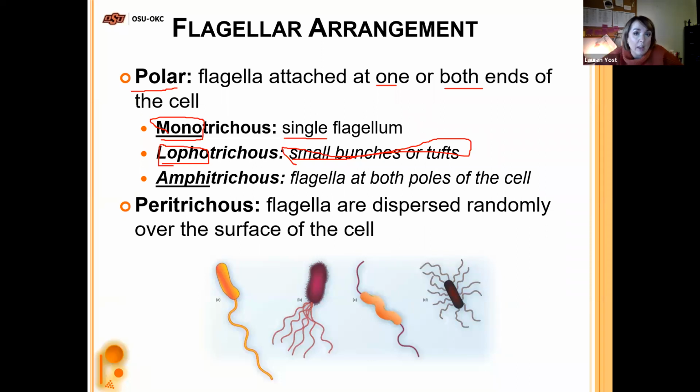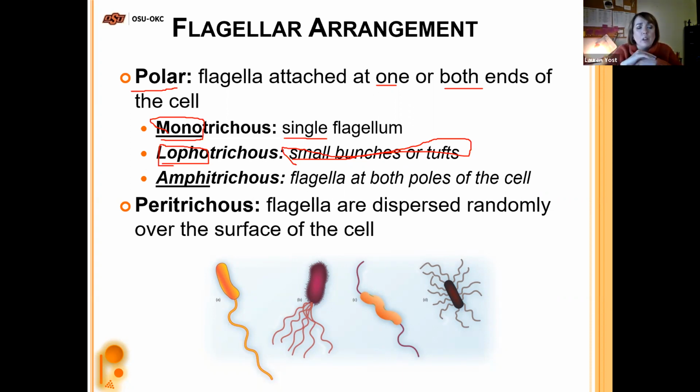Amphitrichous, we had talked about amphi before, right? That means both. Remember, because we had talked about amphipathic molecules like phospholipids that had the polar head and the hydrophobic tails. Well, this is just like this, amphitrichous. So we're talking about amphi, just think trichous, just think of flagella. Don't worry about what it actually means.